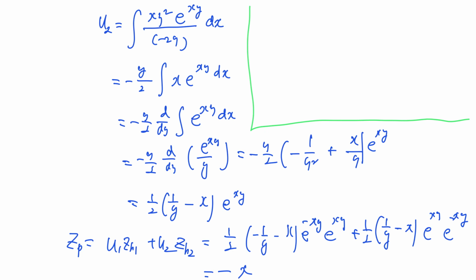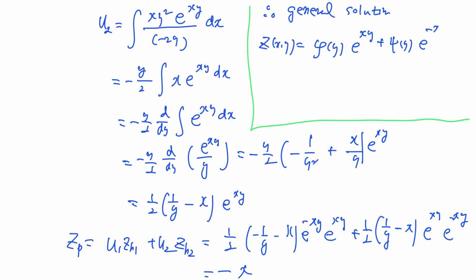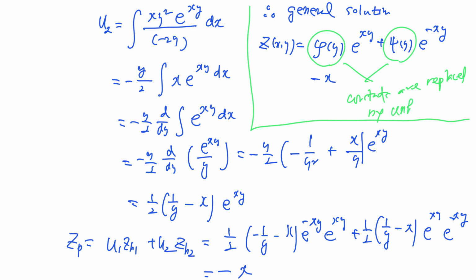So the general solution is z equals some phi(y) exponential yx plus psi(y) exponential minus yx, minus x over y. The constants are replaced by unknown functions of y.